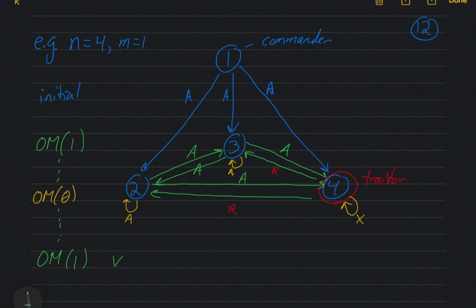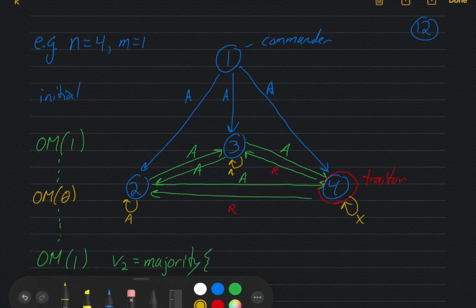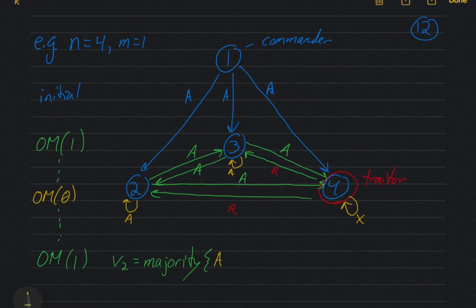So I will call this value V2, and that's going to be equal to the majority of it heard attack from its commander, and it heard attack from Lieutenant 3, heard retreat from Lieutenant 4, and so it will take the majority of that and it will decide to attack.